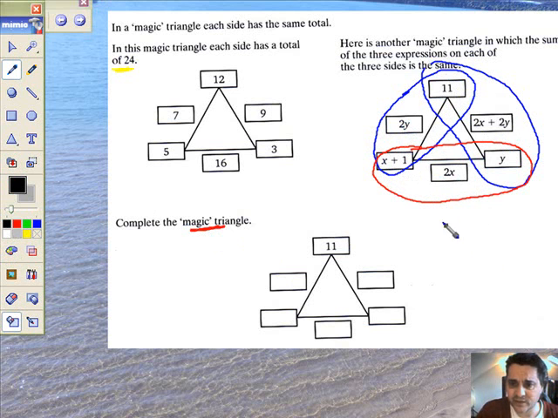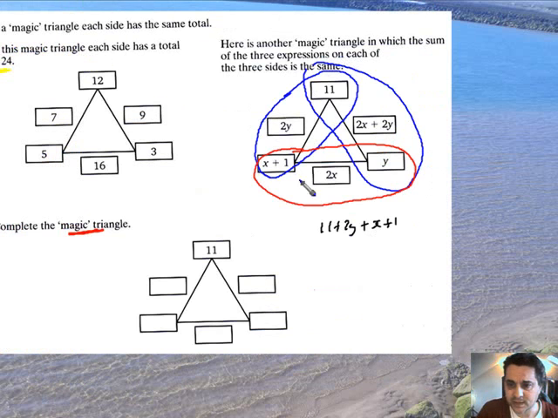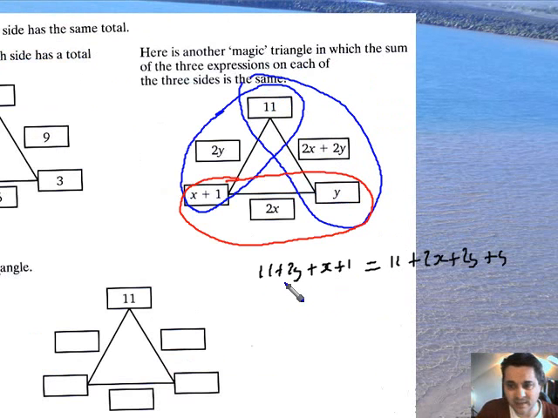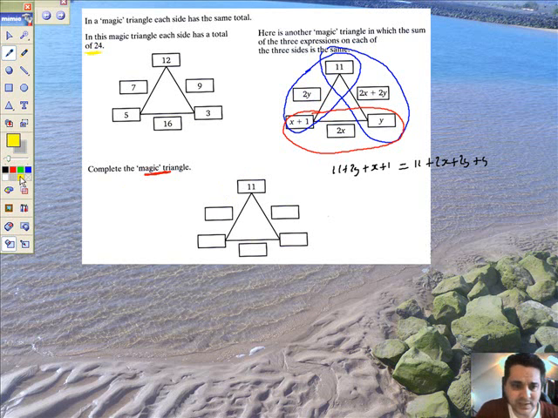So dealing with this side first, I've got 11 plus 2y plus x plus 1, that's that one, equals this side, 11 plus 2x plus 2y plus y. I've got to tidy this up, haven't I, really? Well, let's lose the 11s straight away, subtracting 11 from each side, and I can get rid of the 2y's as well, look at that.